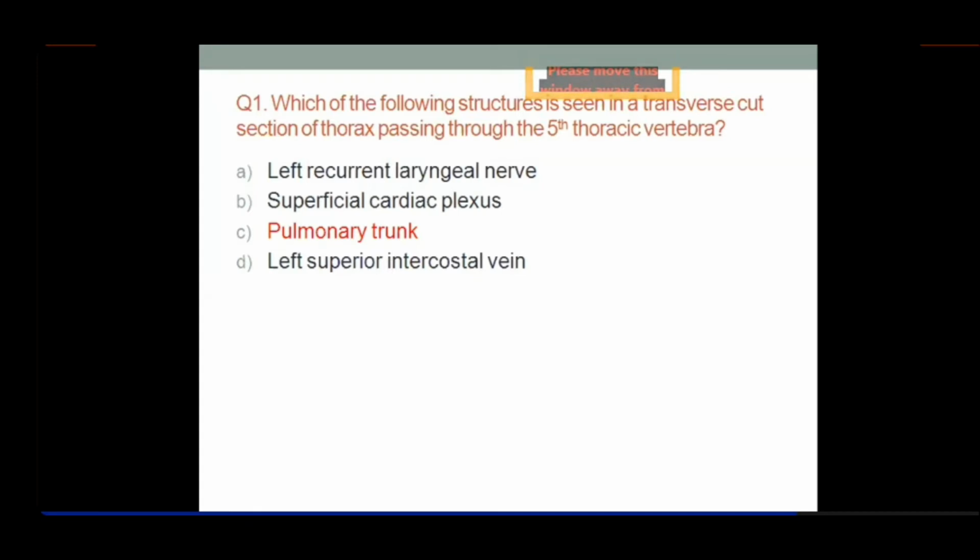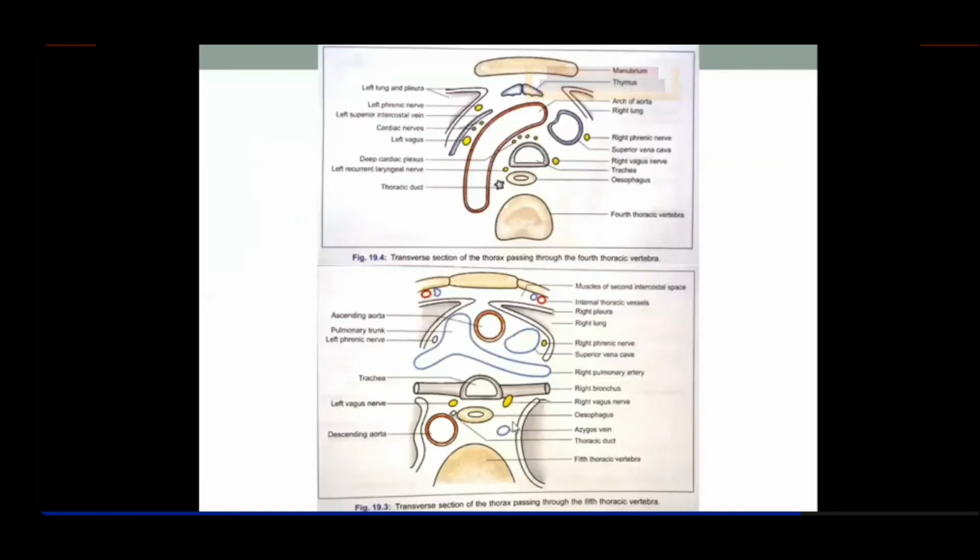On the left side you have 4, 4, 4. The upper 4 intercostals drain via the superior intercostal vein into the left brachiocephalic. The middle 4 form the accessory hemiazygous, and the lower 4 on the left side form the hemiazygous. Because it's from the upper 4 tributaries, the left superior intercostal vein is seen in the superior mediastinum only.